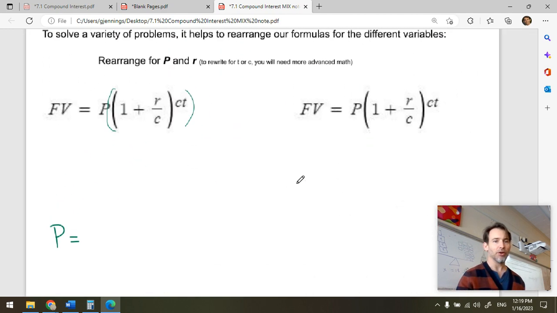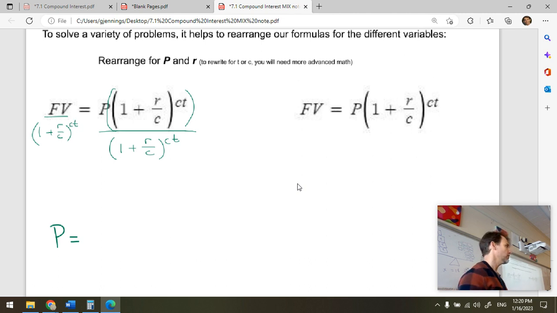Okay, so what I'm going to do is divide both sides by 1 plus r over c raised to the power ct. There, we're done. Just one step.